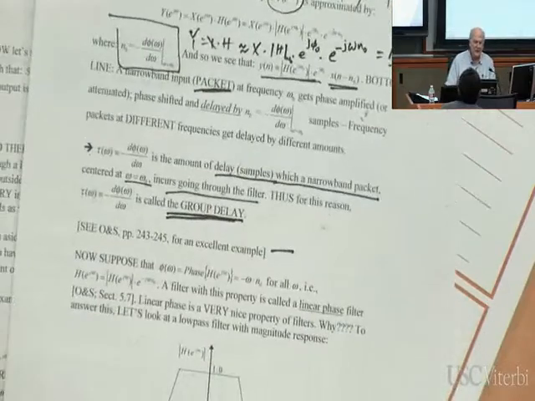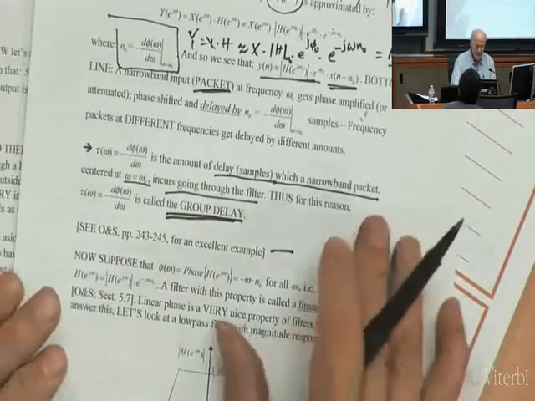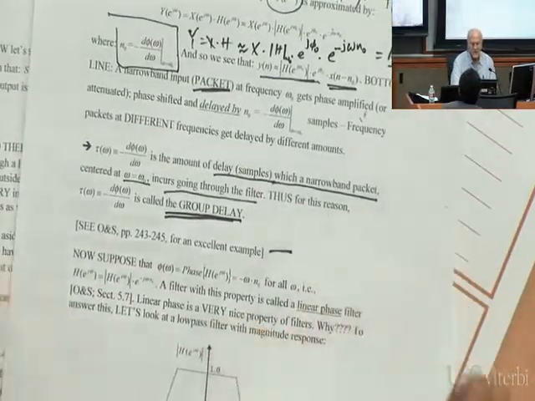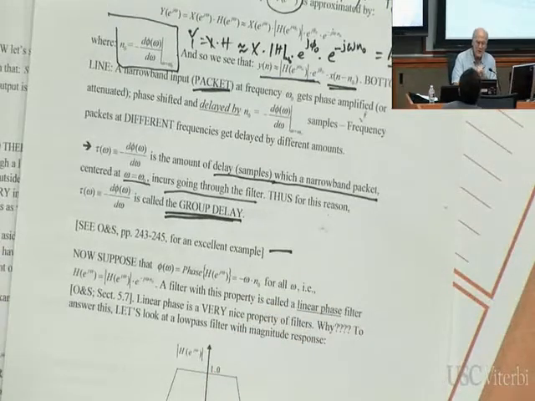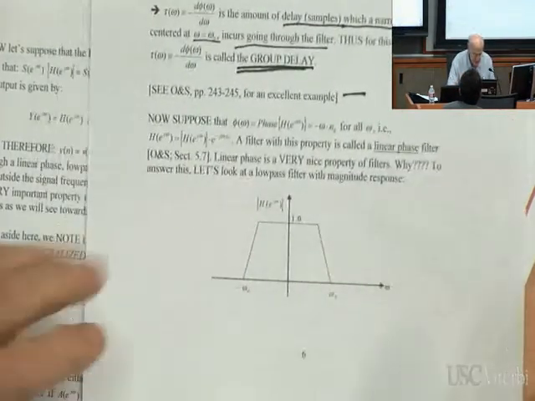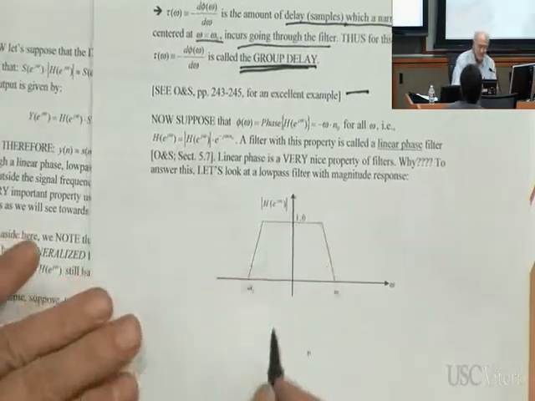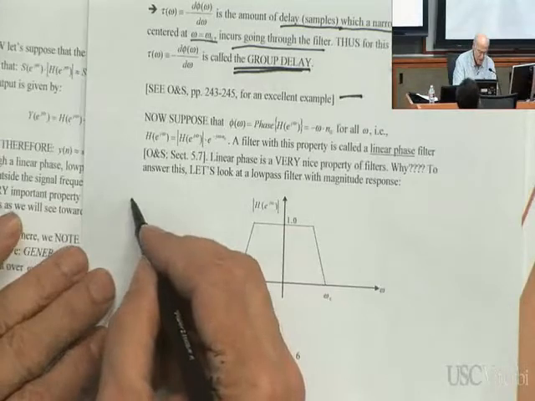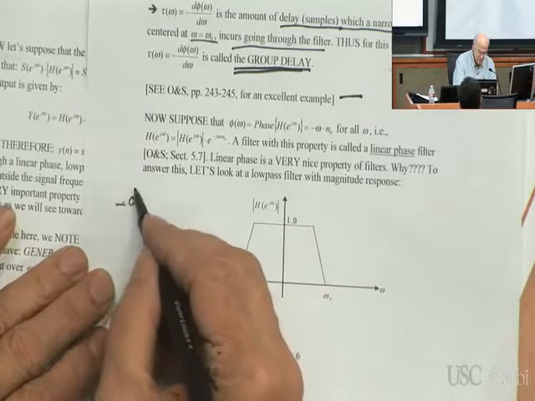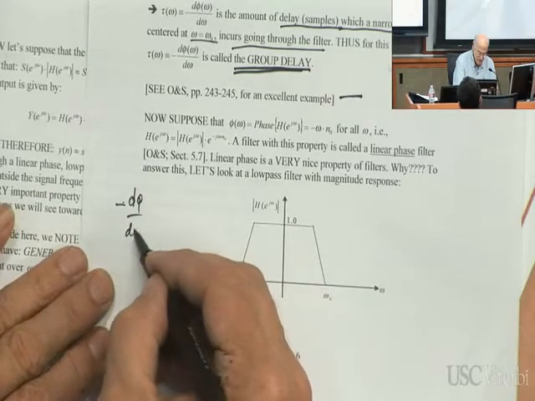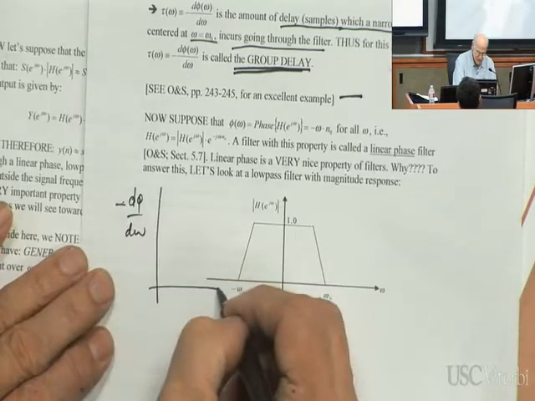In that example, what happened was that they showed a case where different narrowband frequency components went through this filter. What people typically do, in fact what you can do in Matlab, is plot the derivative of the phase with respect to omega, and that's what they did.